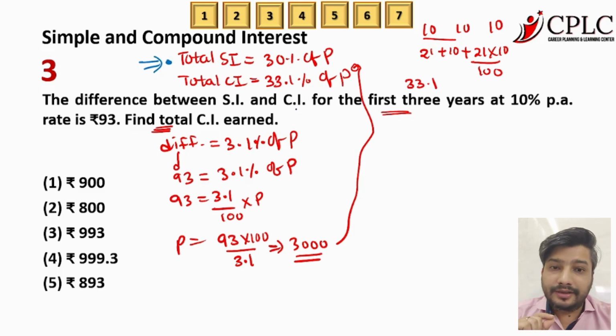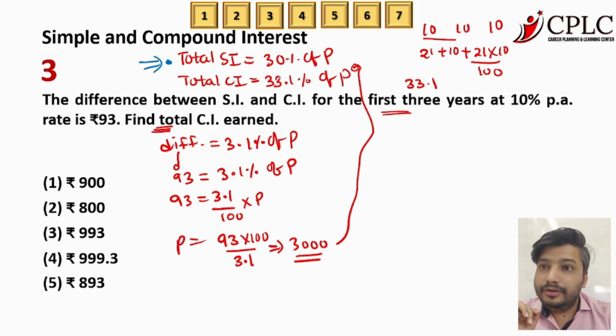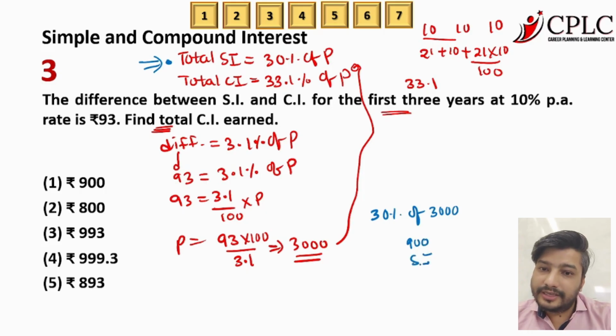Because the number is friendly and you can do it orally also if you are good. So for example, 30% we have to find out. I know we are not supposed to find out SI, we are supposed to find out CI, but I'll come to that in a bit so that you understand this. So 30% of principal, and principal is 3000. So 30% of 3000, obviously 3 3s are 9, so 900 is your SI.